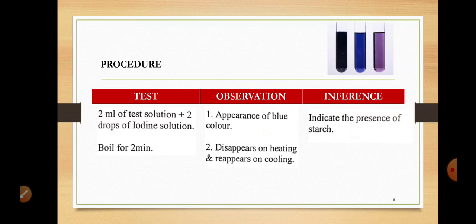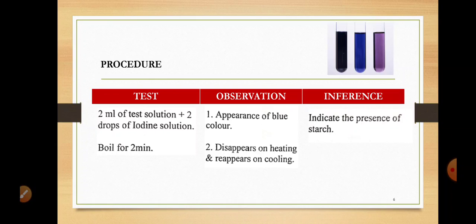Further, as I discussed in the principle, after the formation of the blue color in the test tube, for further confirmation, you boil it on a Bunsen burner. When you boil for 2 minutes, the blue color that had formed disappears.